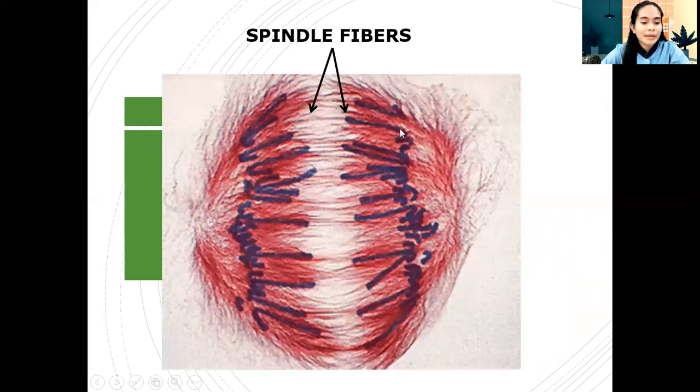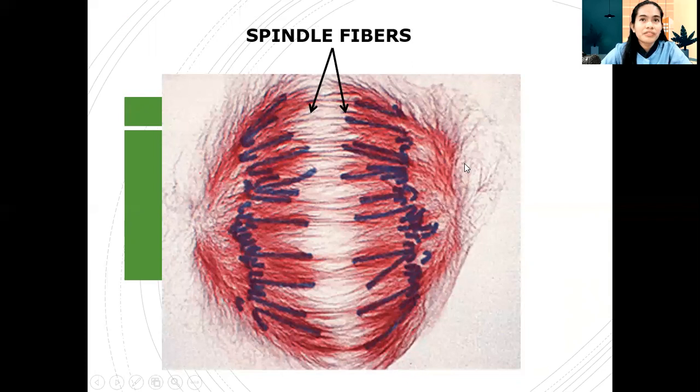So there will come a time that these two will bond again. And aside from that, they keep the sister chromatids away from each other, but they are not allowed to mix up with other chromatids. That's why it keeps our body, our organisms or our offspring, from getting multiple mutations. So that's how important your spindle fibers are.